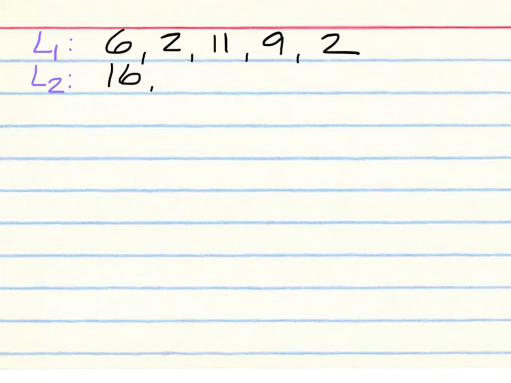On this example problem, we'll work this one together, and we'll write the lists side by side this time. List 1 and list 2. List 1 is going to be 6, 2, 11, 9, 2, and list 2 is going to be 16, 10, 12, 19, and 3.